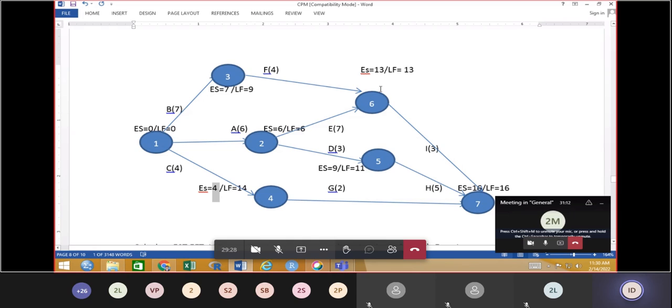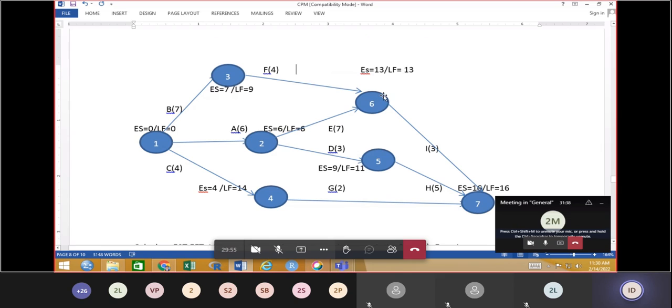Now, for this particular activity, the earliest start time is how much? Because this is 7 plus the duration, that is 4, which is equal to 11, right? 11.